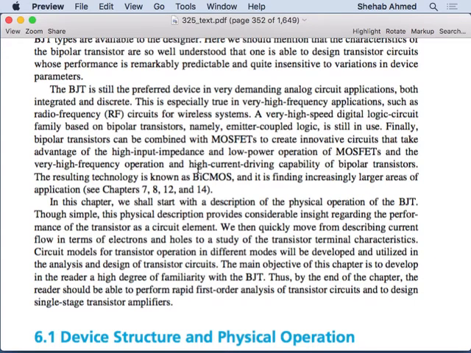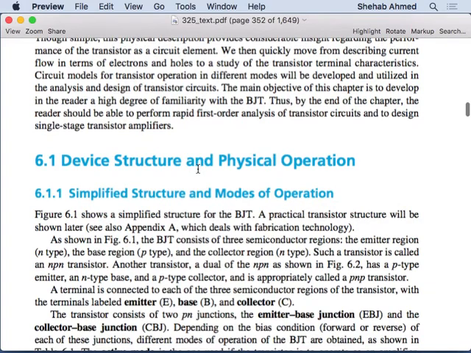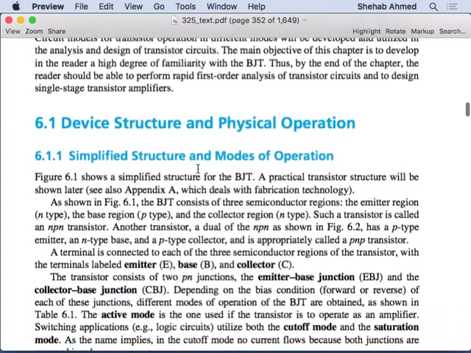So instead of having a control input being current like we will see with the BJT, they merged the MOSFET and the BJT together and created a device that looks like a BJT on the output, on the power side, but looks like a MOSFET on the control side, so that we don't have to be applying current all the time. So that's a summary of the device.